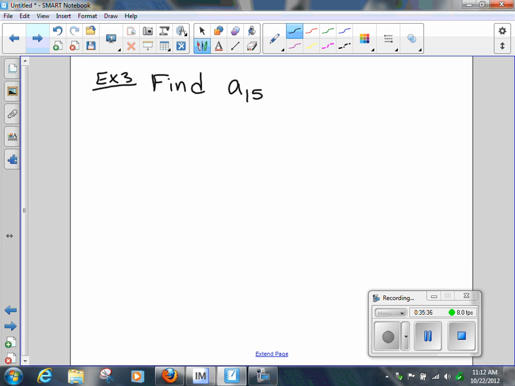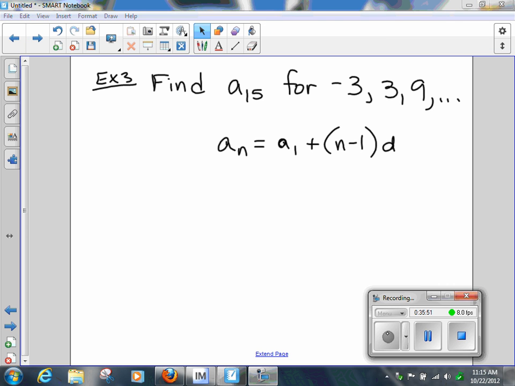I want you to find a sub 15: negative 3, 3, 9, dot, dot, dot. It's only 15 terms. You can completely check this in your calculator.